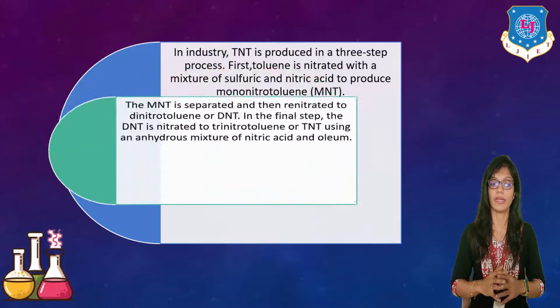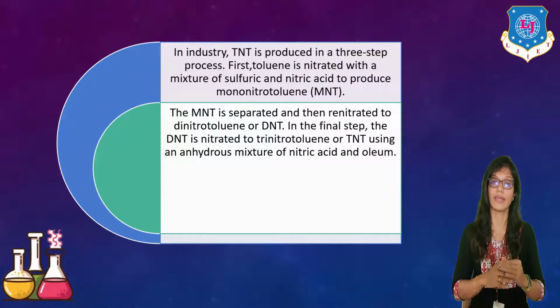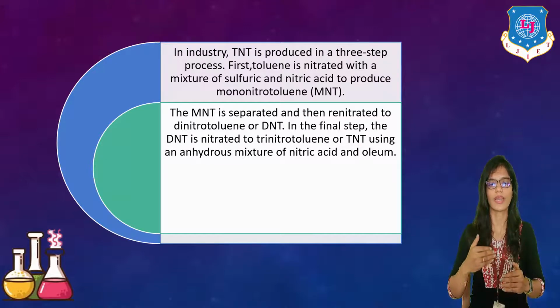This MNT is separated and then renitrated to dinitrotoluene or DNT. So first we get MNT, then we get DNT. In the final step, the DNT is nitrated to trinitrotoluene, which is known as TNT.